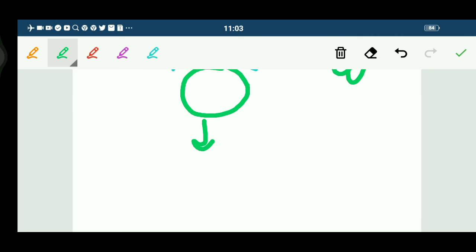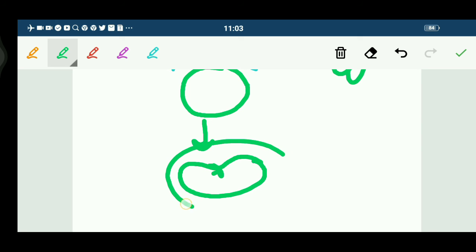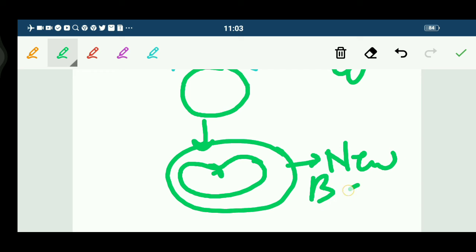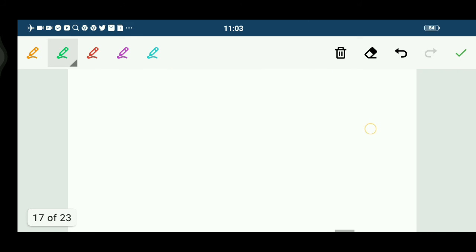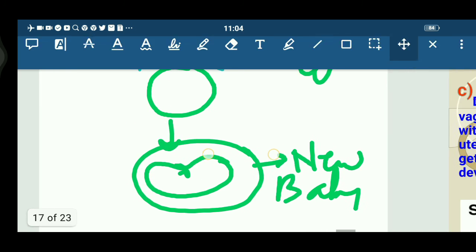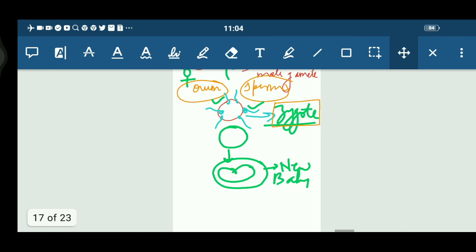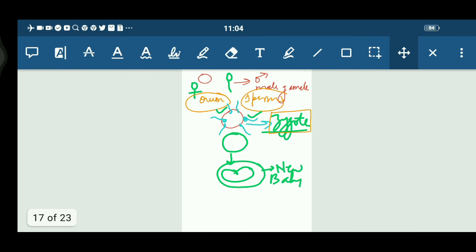After division, all of which remain together, and ultimately the zygote grows and develops into a new baby. So this is how it looks like. Fine, you can see here. Let me just show it to you. See, this is how it looks like.